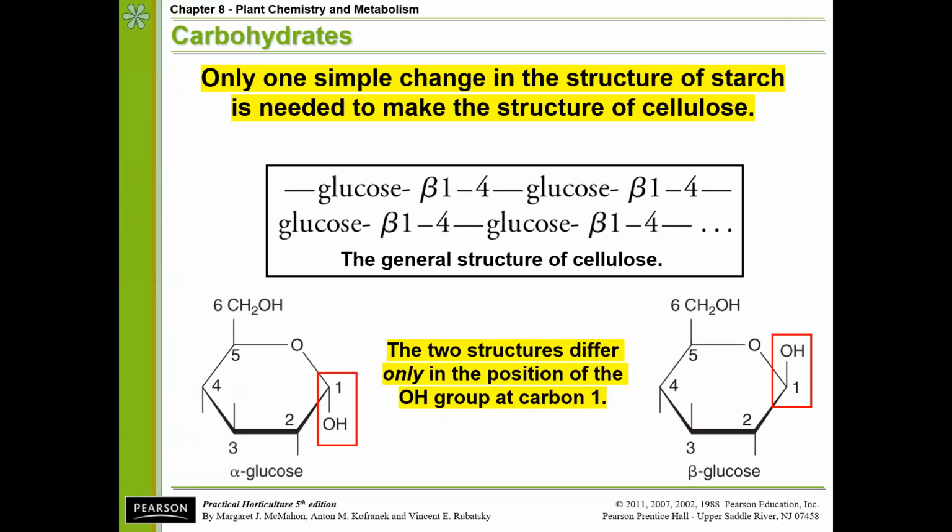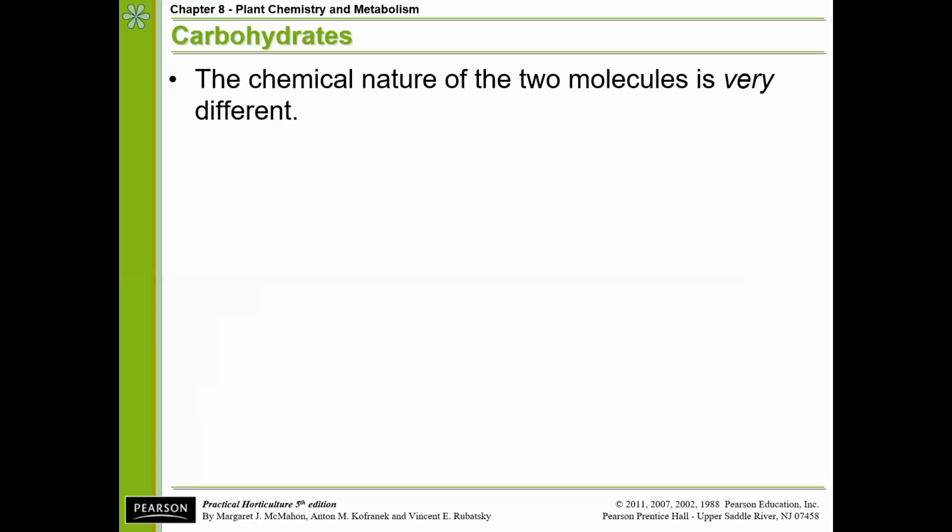The only difference in the structure itself is the hydroxyl carbon attachment of the glucose. So just one slight difference in the chemical makeup of that carbohydrate of glucose changes it from a starch to cellulose.